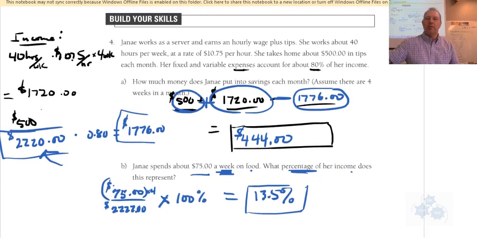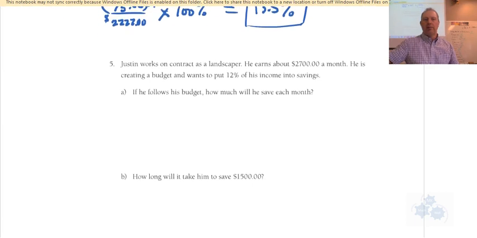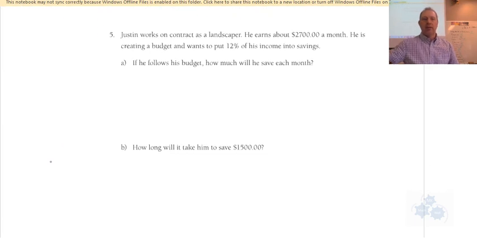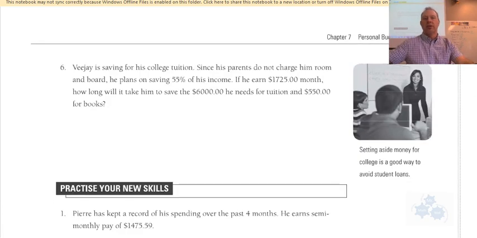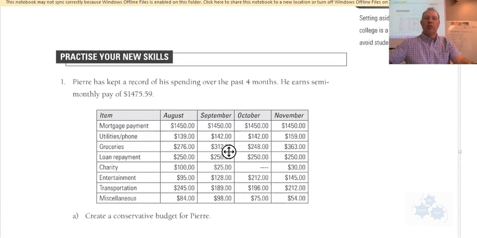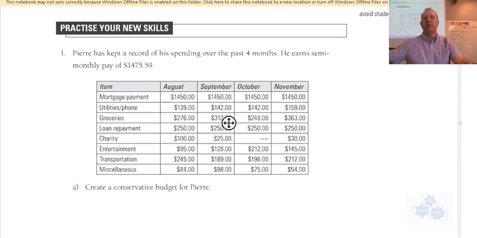All right, so there's number 4. Number 5, there's number 5 there. There's number 6 for practicing your new skills. You can work on those. What I do want you to focus on, though, because we are trying to get through 7.2 a little bit quicker, is I want you to do that one question we just did.